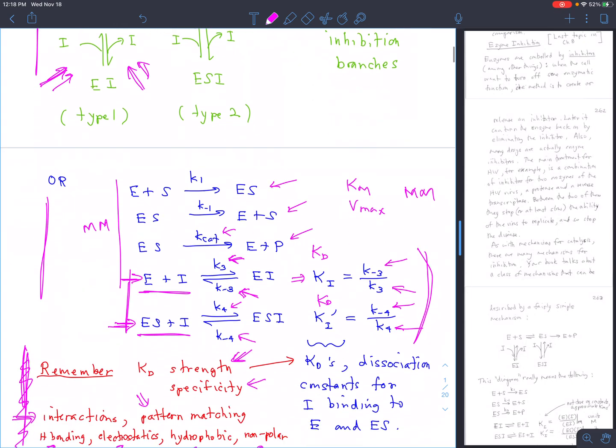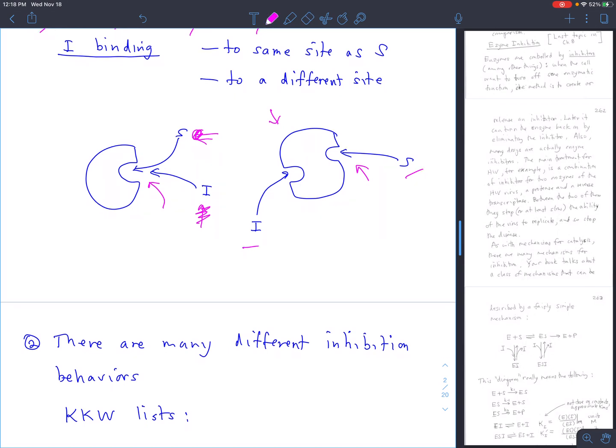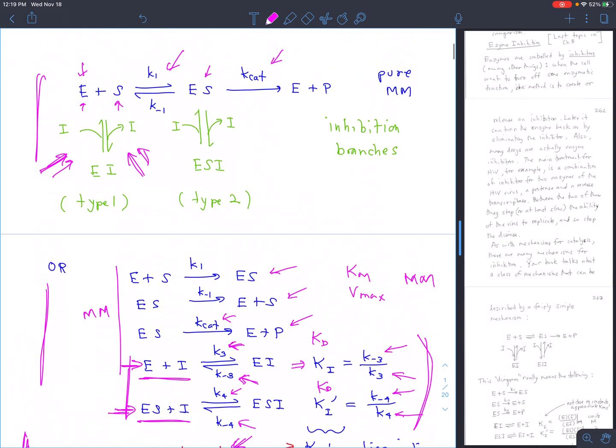But it can also happen that the inhibitor can't bind until the substrate has also bound. So it can be that to start it looks something like this. The inhibitor site is closed, but the substrate site is open. But then once the substrate binds, the inhibitor site opens up, an inhibitor can come in, and that would correspond to the type 2 case.